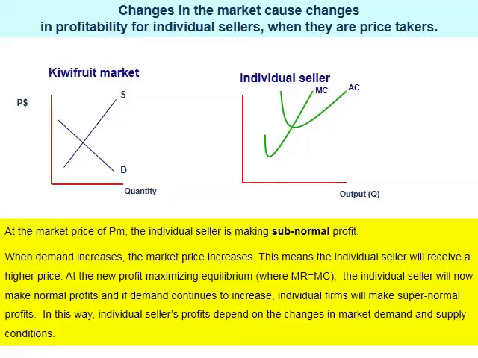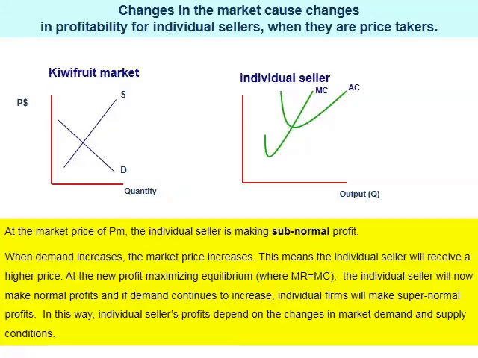But as kiwi scientists worked on improving the quality of the fruit, making it more juicy, sweeter, and also developing a thinner skin so that it was easier to access and eat, these changes, plus a strong advertising campaign, resulted in a massive increase in demand for kiwi fruit around the world.